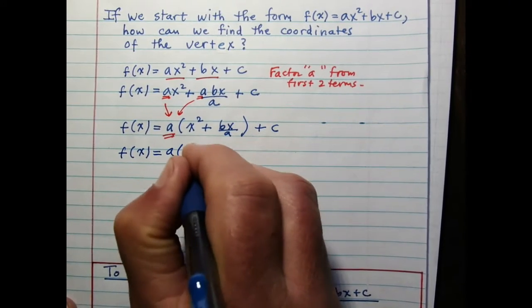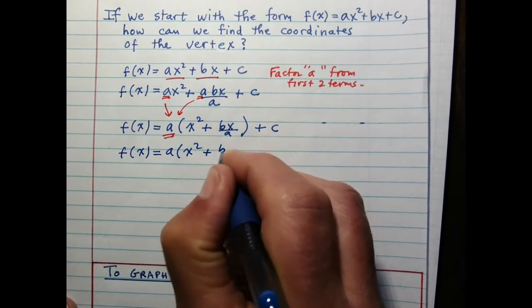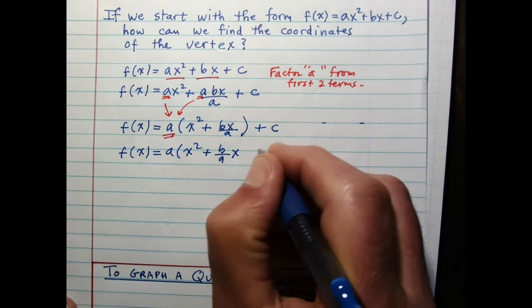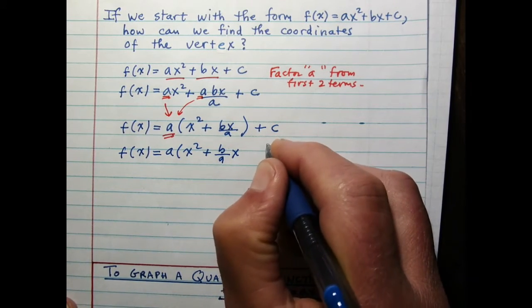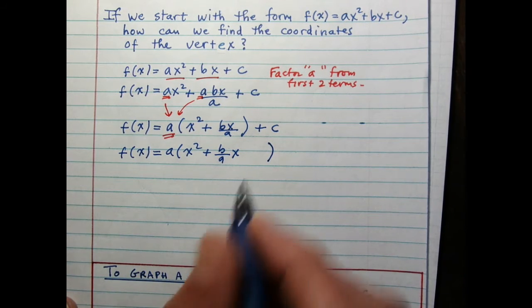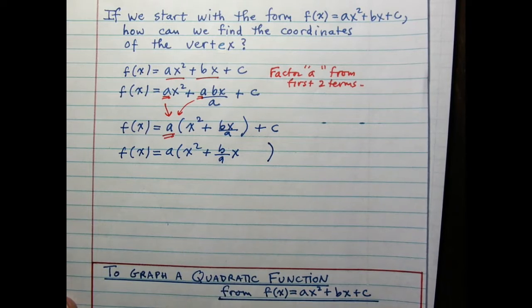Now what I want to do is I can write that as b over a times x. I'm going to add something inside parentheses in order to complete the square.